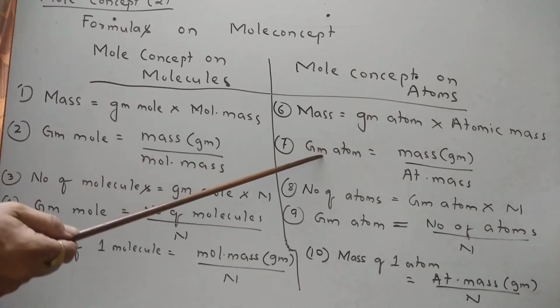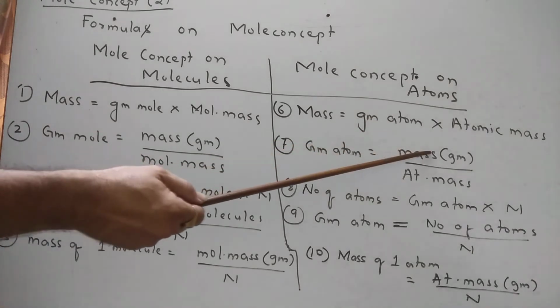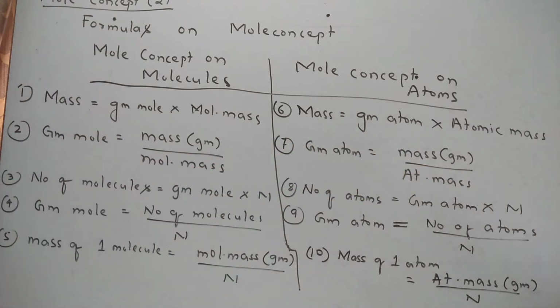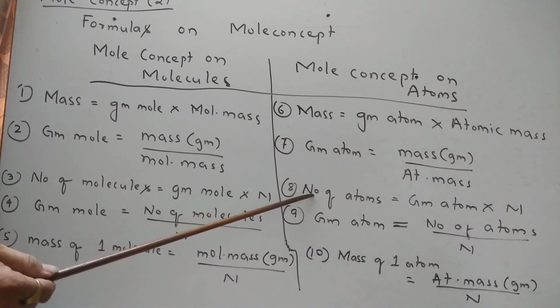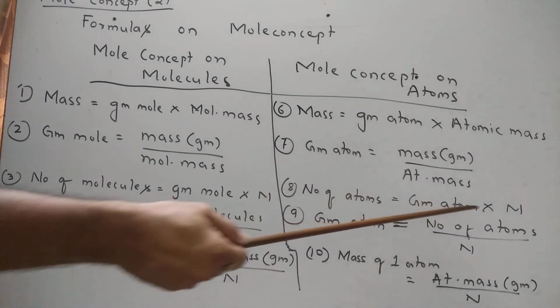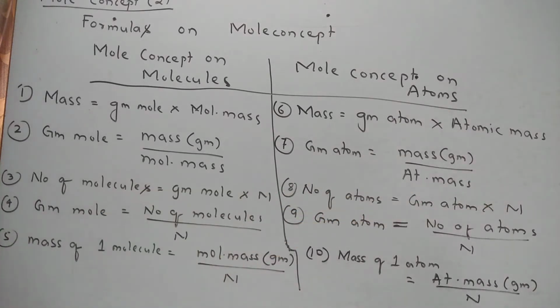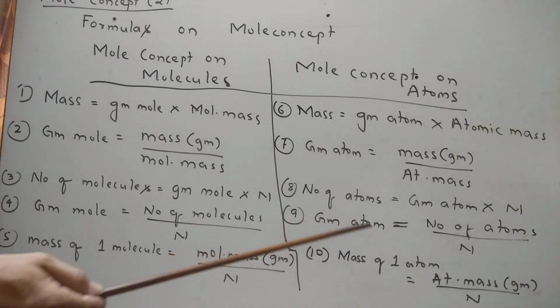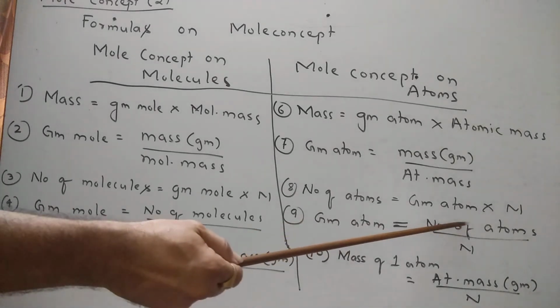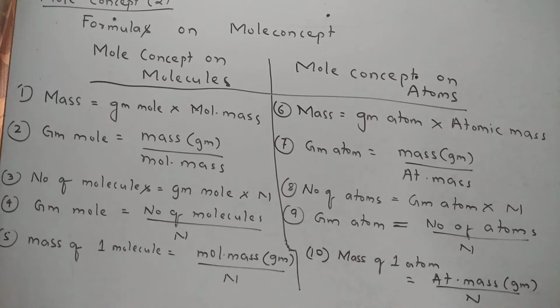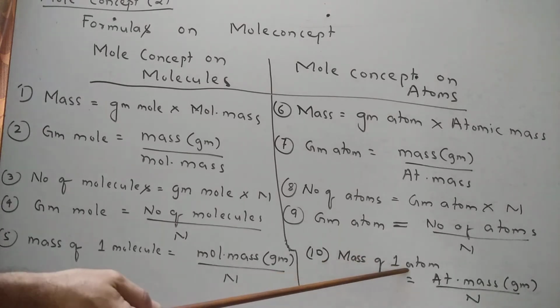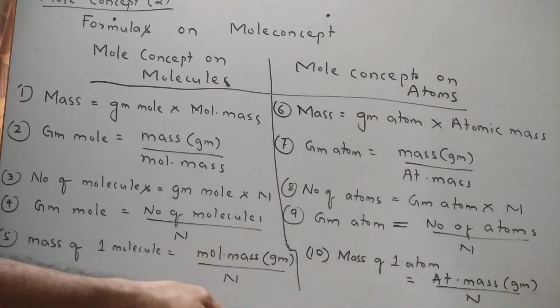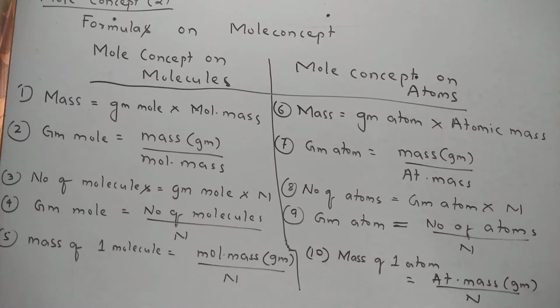And seventh: gram atom is equal to mass in gram by atomic mass. Number 8: number of atoms is equal to gram atom into N. Number 9: gram atom is equal to number of atoms by N. And 10: mass of one atom is equal to atomic mass in gram divided by N.